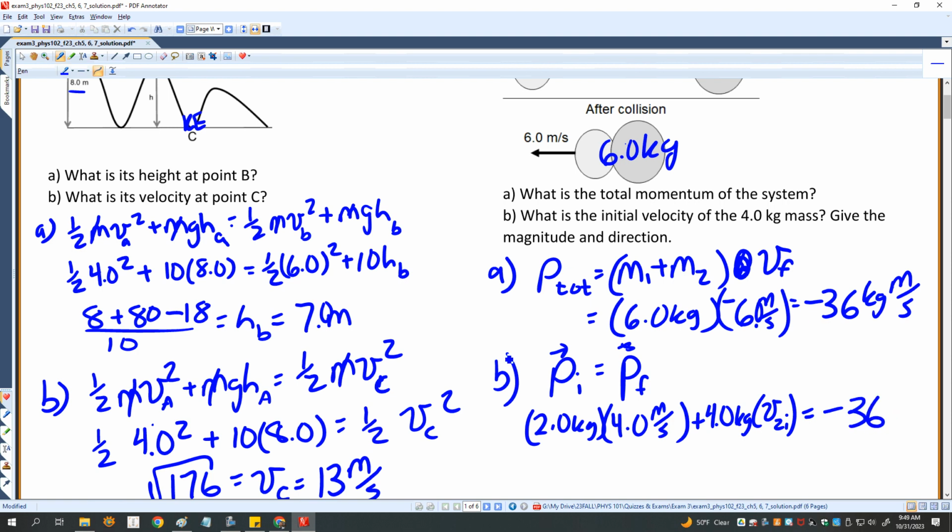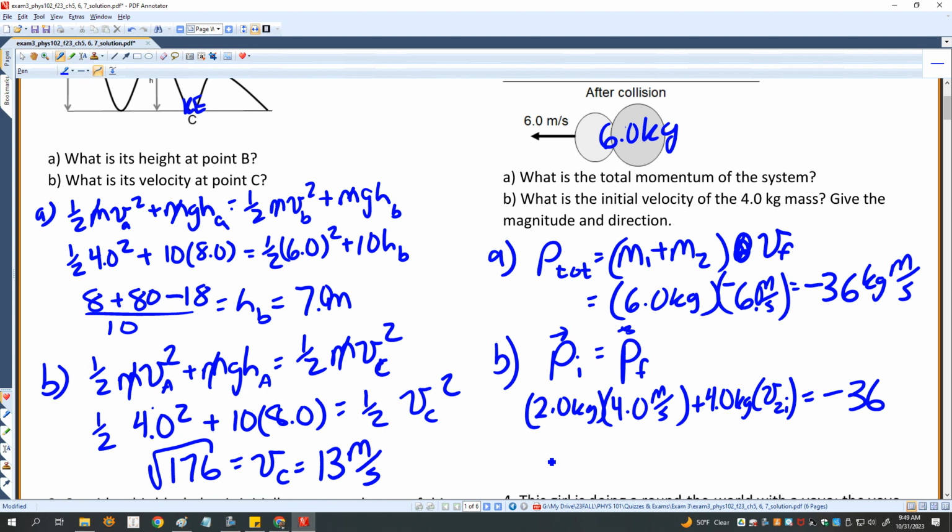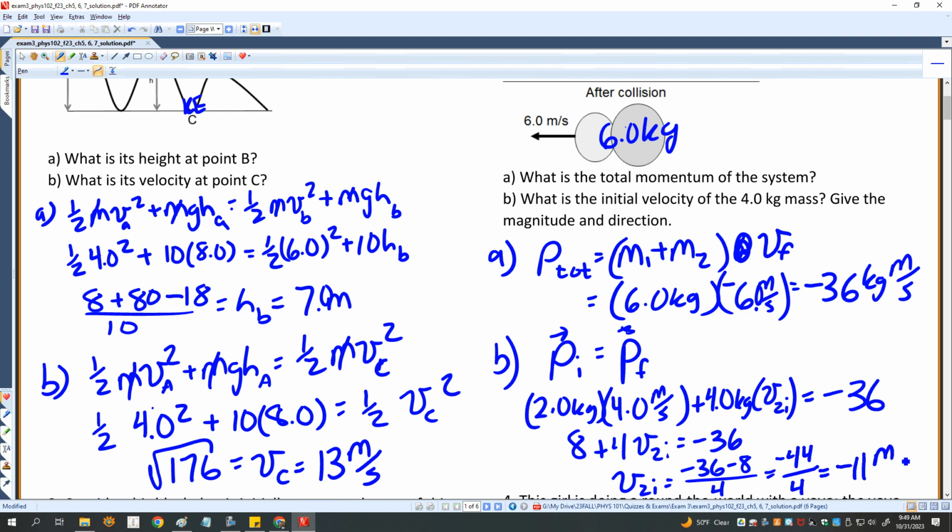So just exactly what I did in part A. So that is equal to 8 plus 4 V2i equals negative 36. Negative 36 minus 8, divided by 4. What's that? Negative 44 divided by 4, or negative 11 meters per second.